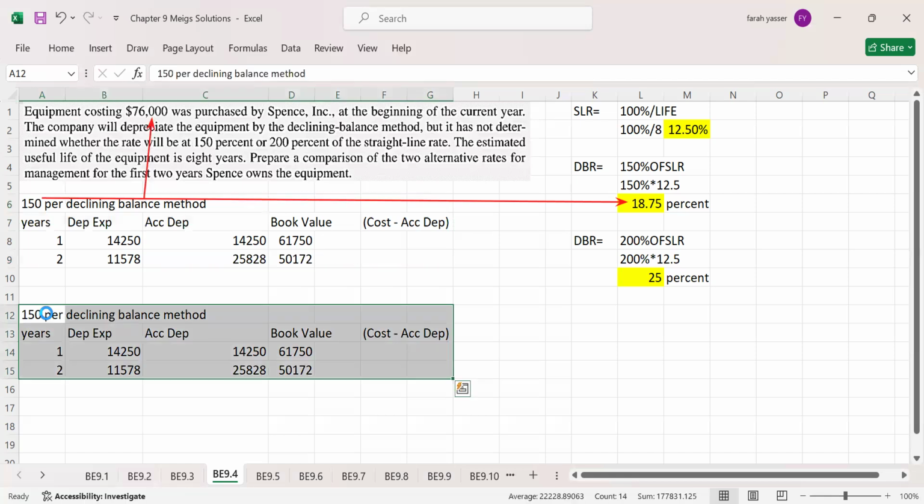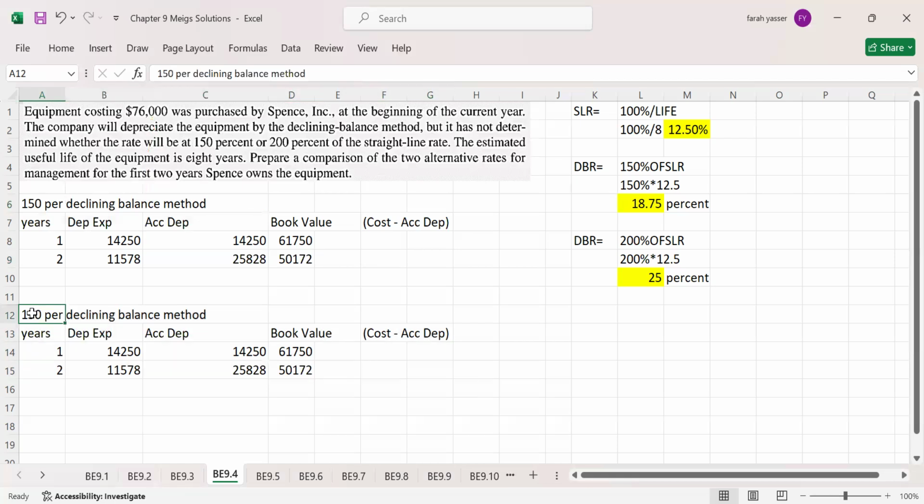If the 200% declining balance method is used, so instead of 150%, we have 200% depreciation. So for 76,000 in case of 200%, we can see that the declining balance rate is 25%.